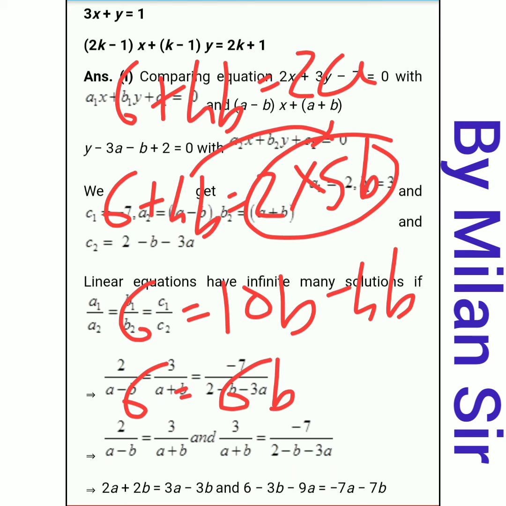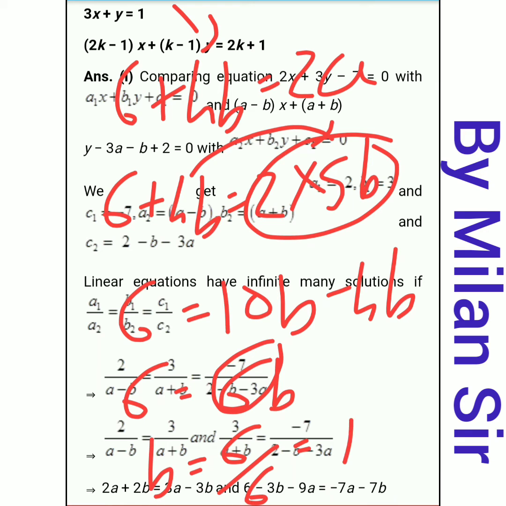Okay, first of all, if we do the cross multiplication and then simplify it, we get 6 plus 4b is equal to 2a. Then we need to put the value of a is equal to 5b. So in the right hand side, 2 times 5 is 10b, then transfer plus 4b to the right hand side, it becomes minus 4b. Now here transfer this 6 to the left hand side, so it goes to the denominator, right?